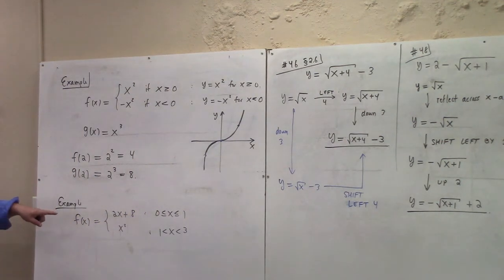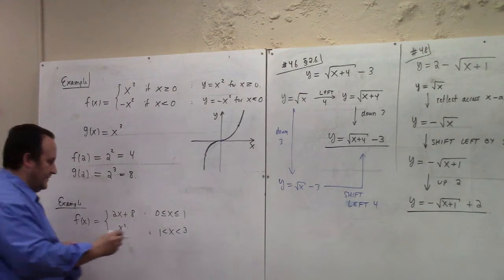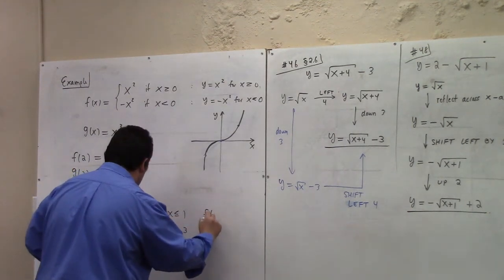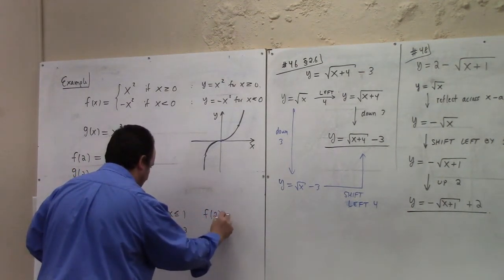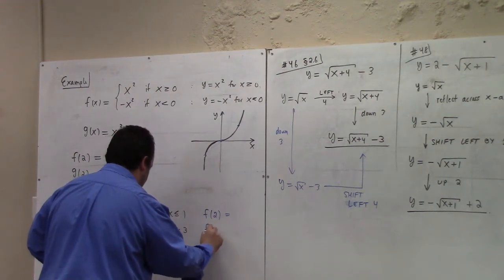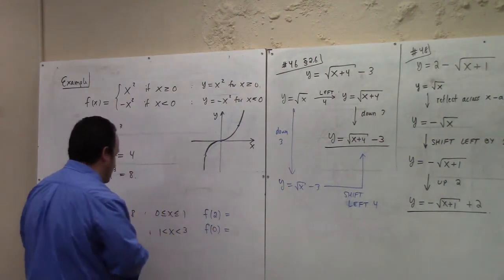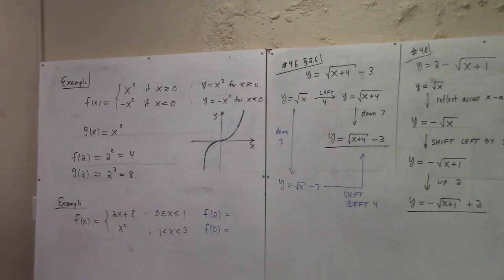This is another example. Just answer 2 questions, and then we'll be done for today. What is f of 2? What is f of 0? How does this work, right?